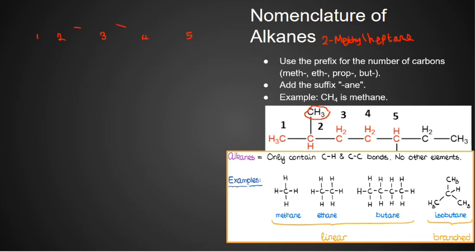So we have 2-methyl. 7 carbon is actually heptane. So it's going to be 2-methylheptane.